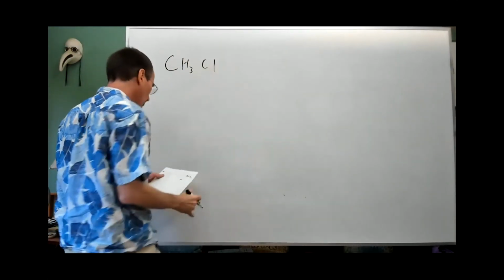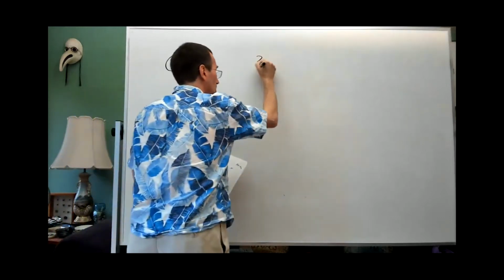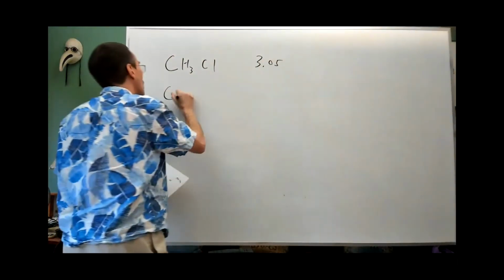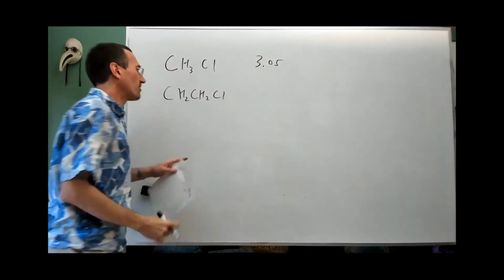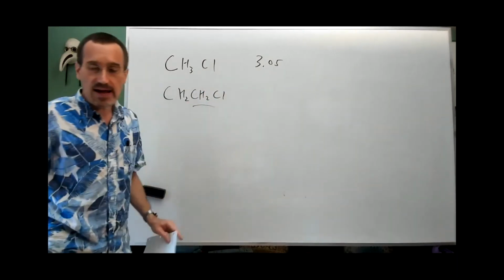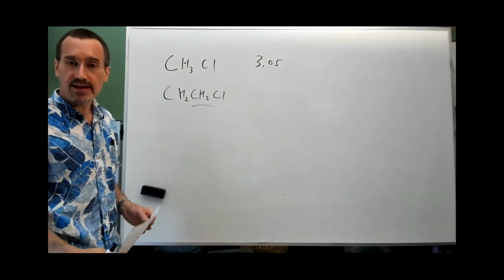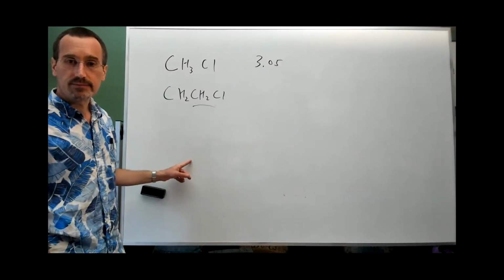So if a methyl group next to a chlorine is 3.05, what would our estimation for the chemical shift of ethyl chloride be? What would you estimate for that? 3.50. Pardon? 3.50.